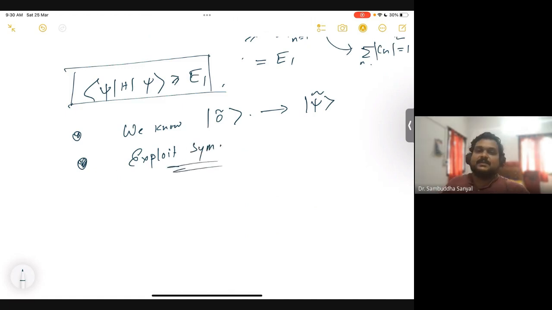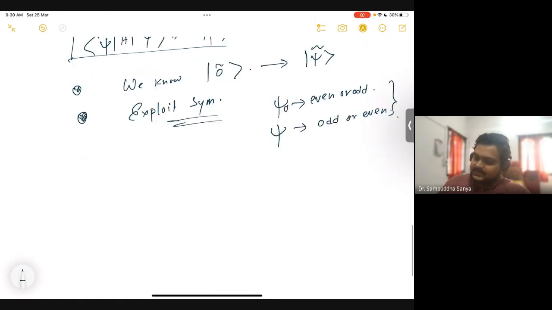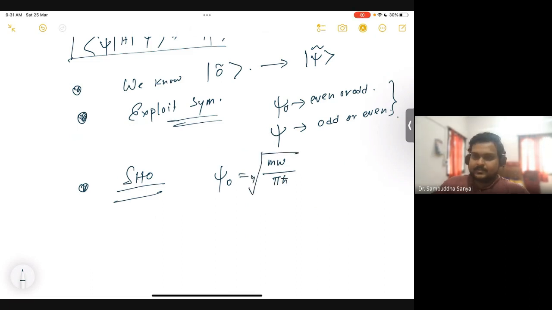Now we exploit symmetry. We say that if psi naught is even or odd, in case of this problem, it is defined for different problems, then psi has to be odd or even, right? We have proved that for 1D problems, the next consecutive wave functions are of opposite parity. So for example, for the simple harmonic oscillator, we know the ground state psi naught is (m omega by pi h bar) to the power one fourth, e to the power minus m omega x squared by 2 h bar.